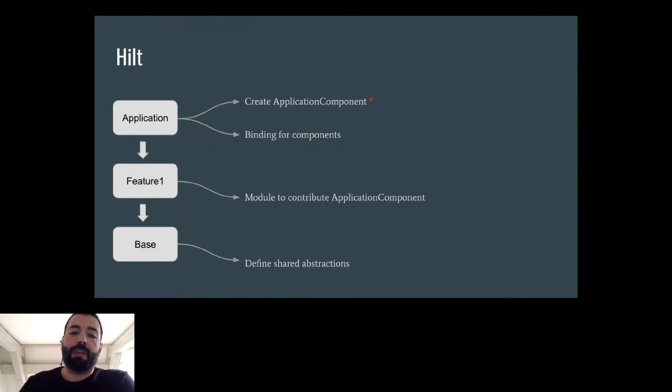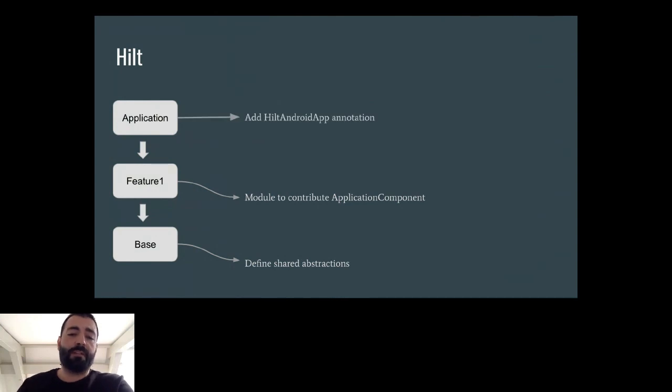We don't need to define a feature scope or component. You can, if you want, by defining entry points and different scopes and so on. But I don't think it is necessary if you're just following a similar approach. And then on the application, we don't need to create a component. We don't need to bind anything. It will all be done just by annotating with HiltAndroidApp.